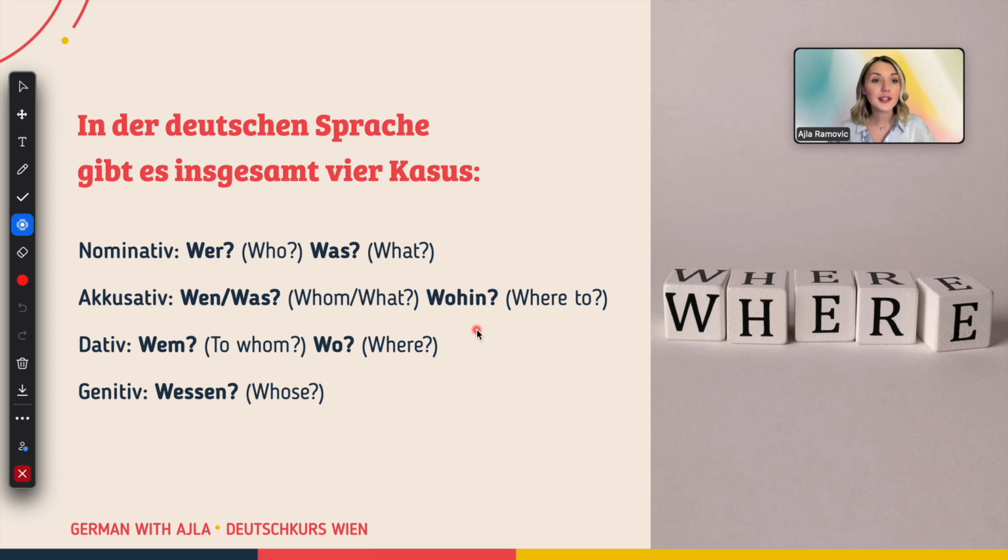Why? We are using accusative in two situations. The first situation is when you are dealing with a direct object. A direct object is always answering the question whom or what. So please be careful. It's not who or what that we had in nominative.